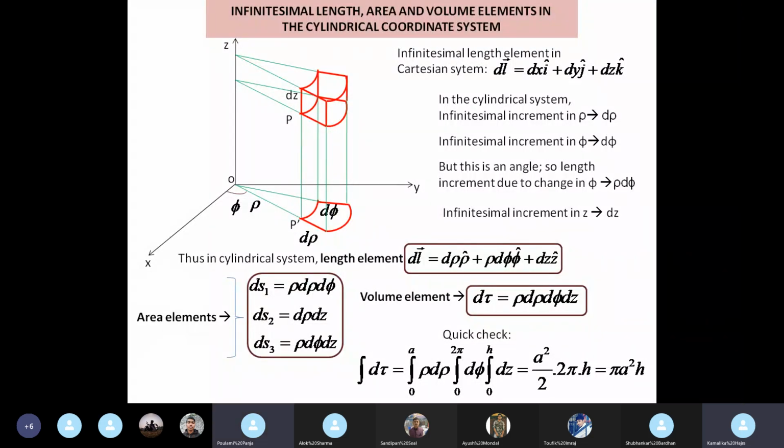Yes, ma'am. So can you identify rho d rho d phi dz now? When you cut a cake, the slice that comes out, and you either eat it, feed it to somebody, or smash it on the face of your friend, this is the element that you are talking about.